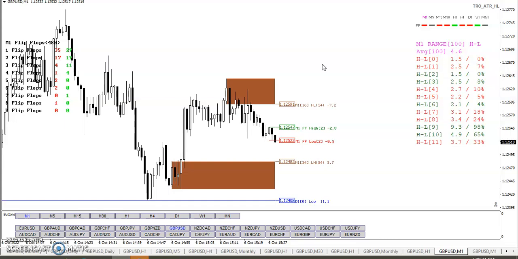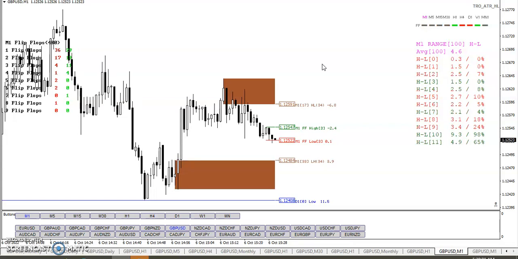Yeah, you covered it pretty well in terms of how to set it up, and that's great. The only thing I do a little differently is that I will trade off of a 5 minute chart, but I'll have the settings for the 1 minute.